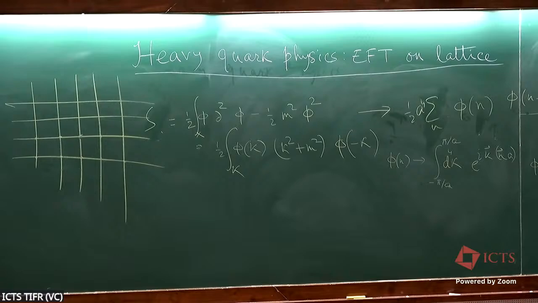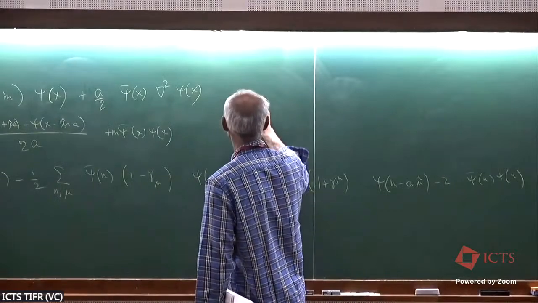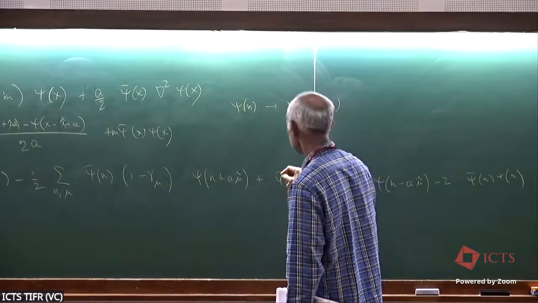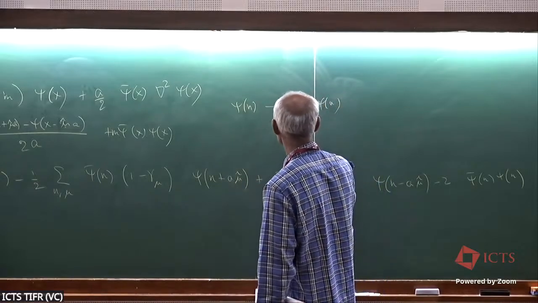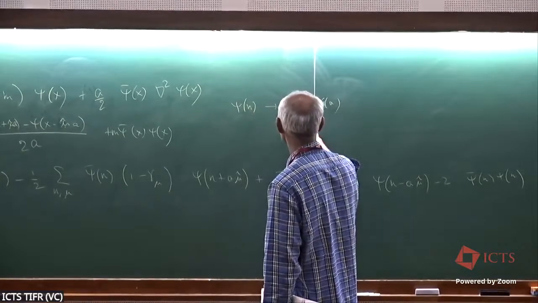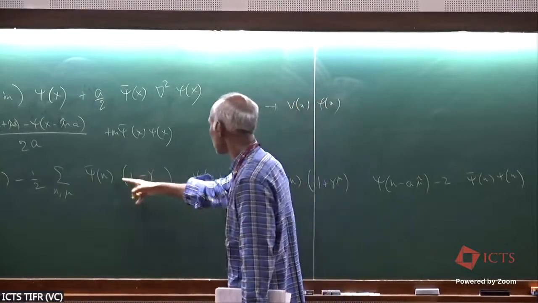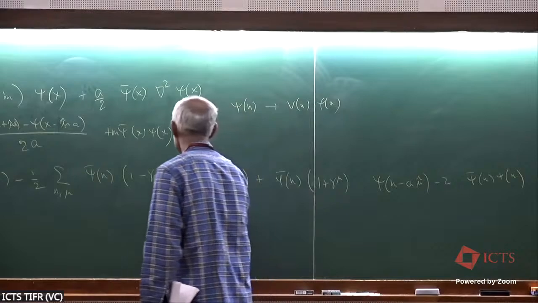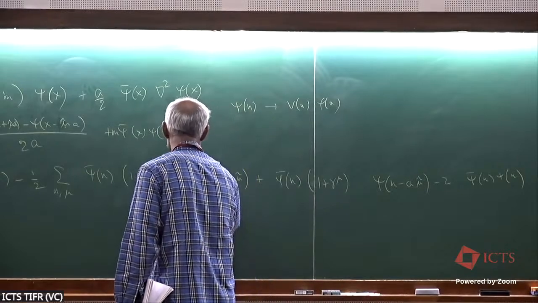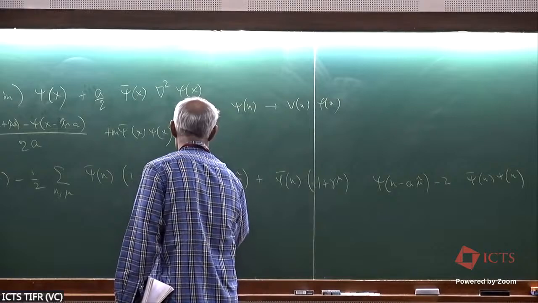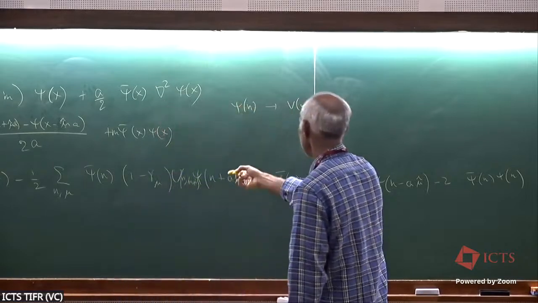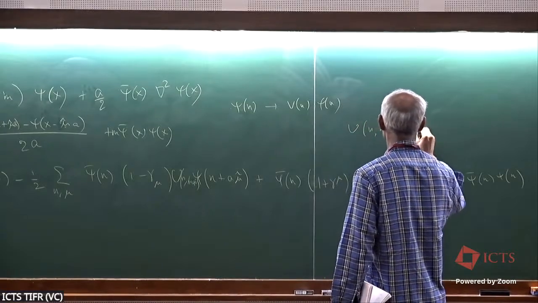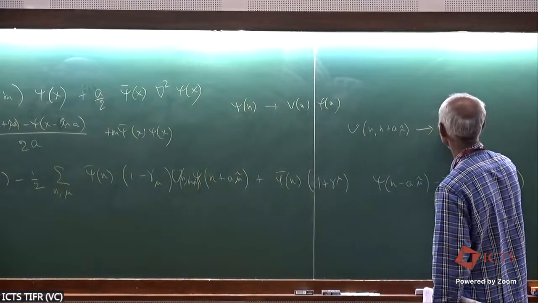So psi bar n under a gauge transformation will go to V of n psi of n. Psi of n plus a mu, of course, will go to V of n plus a mu. So if I want a term like this to have a nice transformation property, I will need to introduce a gauge field here, U that connects n to n plus a mu. And the transformation property of U under gauge transformation will be as follows.